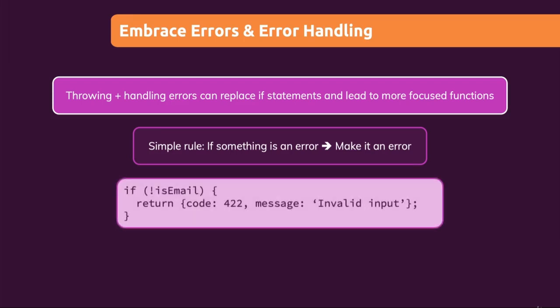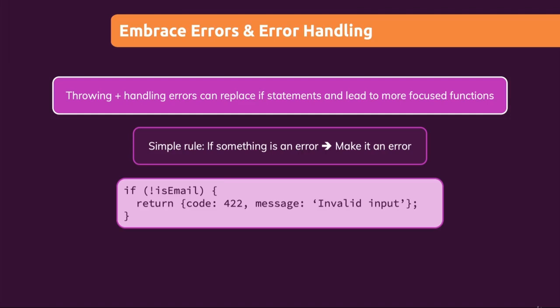For example, here is a short snippet, which we don't have in our big example, but which you could see in other programs as well. Here we're checking whether something is an email, and if we make it into this if block, I return an object where I assign some code, probably some kind of error code, and a message.